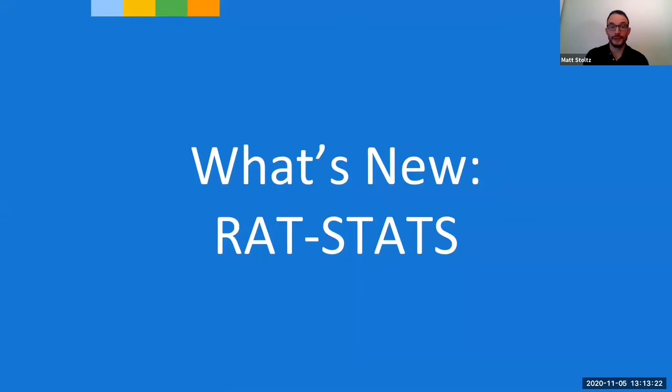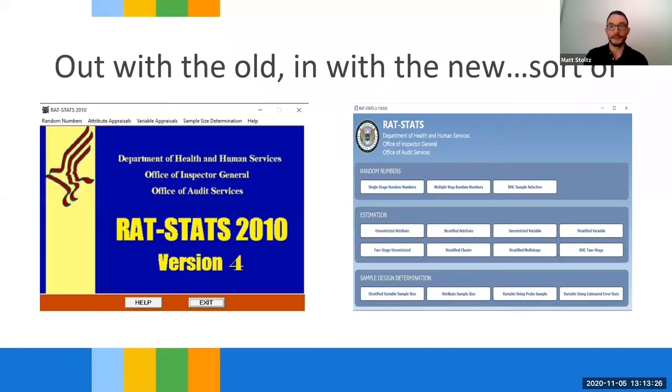So what's new? As Ken pointed out earlier, out with the old and in with the new, sort of. As you can see, on the left we have the RAT-STATS 2010 version. Very dated, brings you back to when computers first came out with Windows 95.